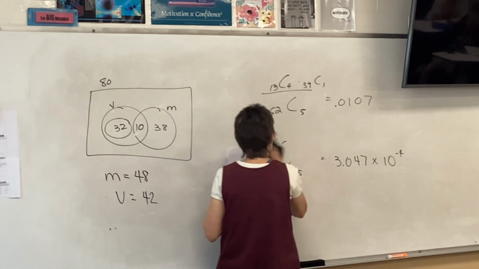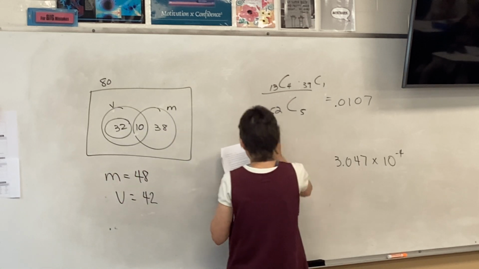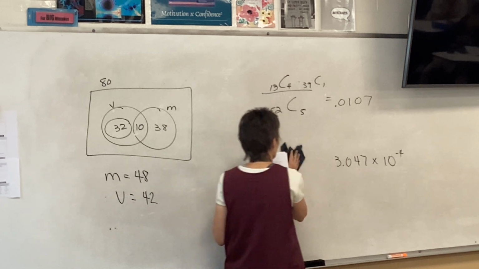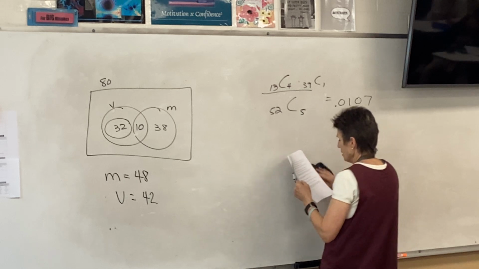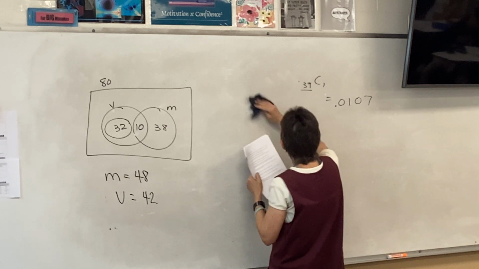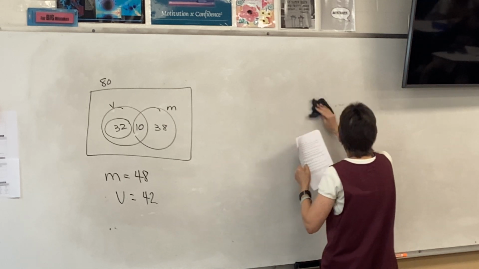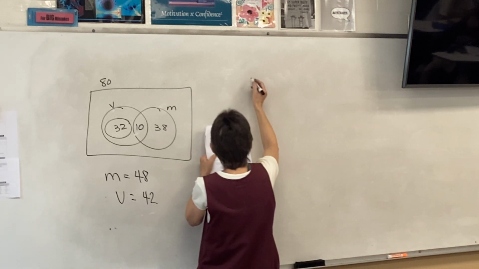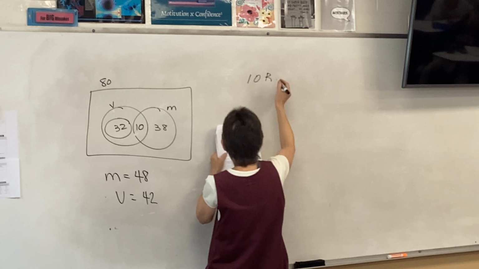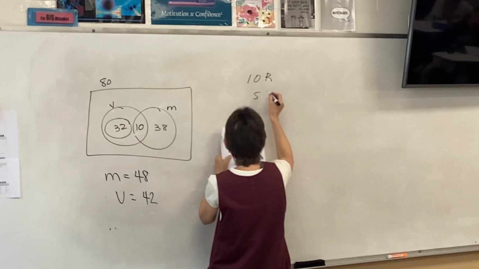How many committees of 5 Republicans and 3 Democrats can be chosen from a group of 10 Republicans and 7 Democrats? So I have 10 Republicans, and I'm going to pick 5.